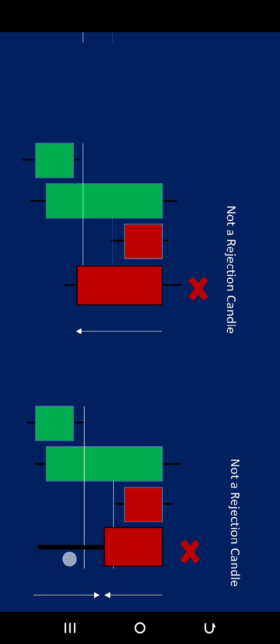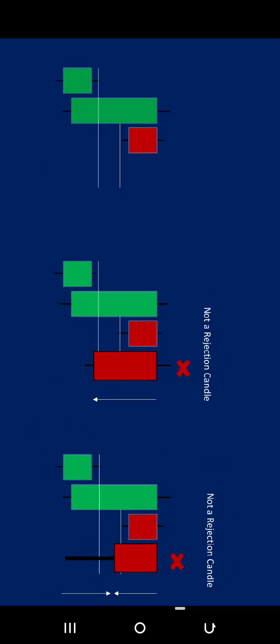So we cannot say this is a rejection candle, because the creation of the next candle might just continue lower and price will disrespect this fair value gap and continue lower. So this is also not a rejection candle, because the bearish body of the candle is almost the same as the wick. I believe we have established that this is not a rejection candle.